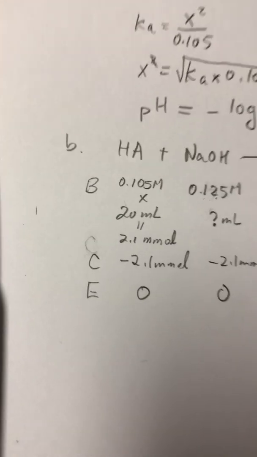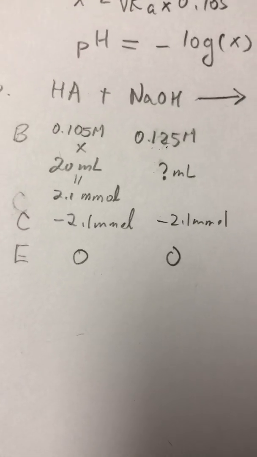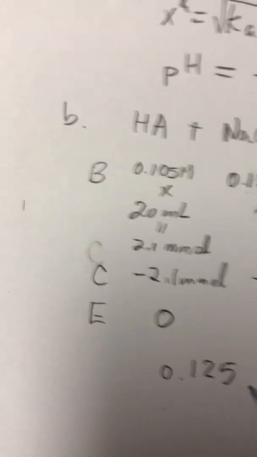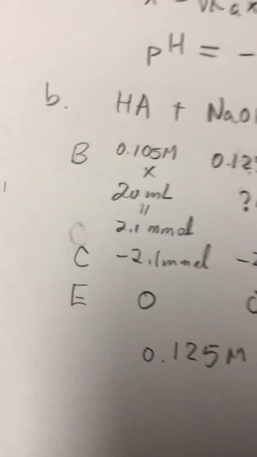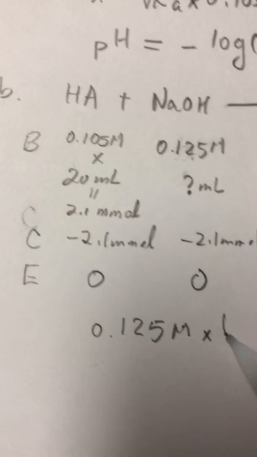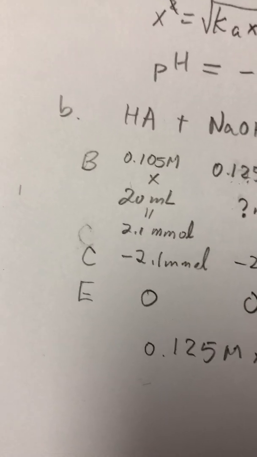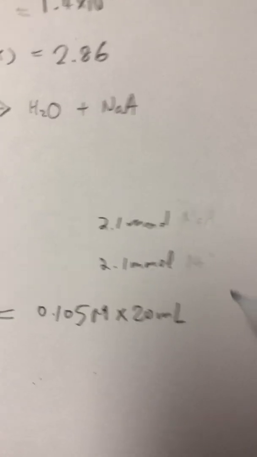Now, equivalence means you have exactly the same amount of two reactants. They will completely react with each other. That means the 0.125 molar, the concentration, multiplied by the volume, let's say VE, equivalence volume, should equal 0.105 molar, that's the acid, times 20 milliliters, that's the volume.